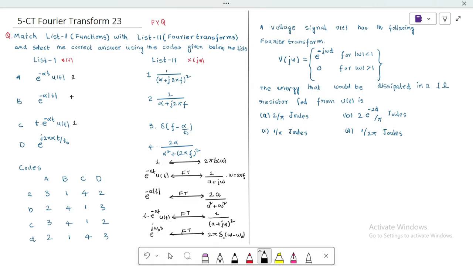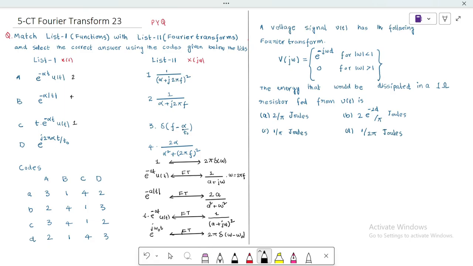So for the linear frequency we shouldn't get this 2 pi multiplication, simply del of f minus f naught. This is constant. So 2 pi alpha by t naught is the frequency constant. 1 by t naught is the frequency.